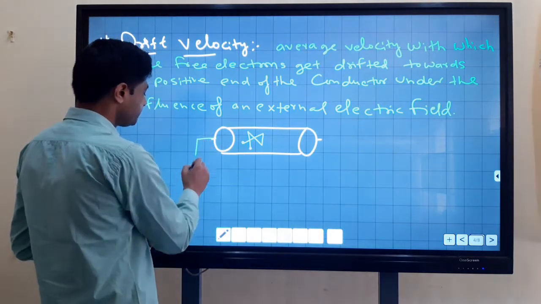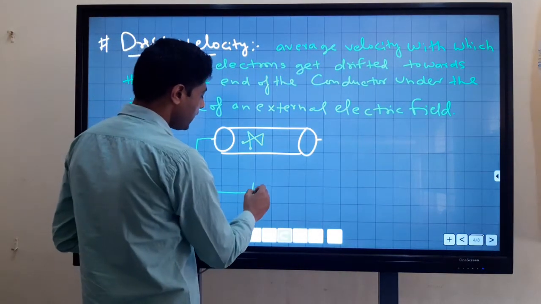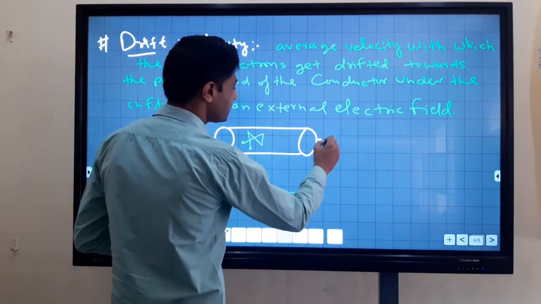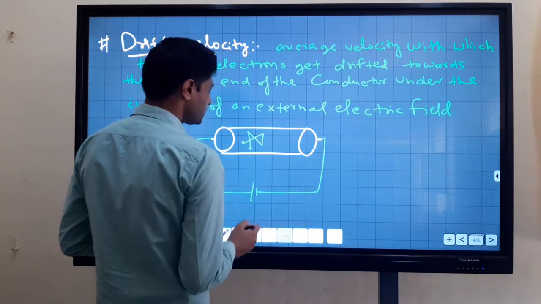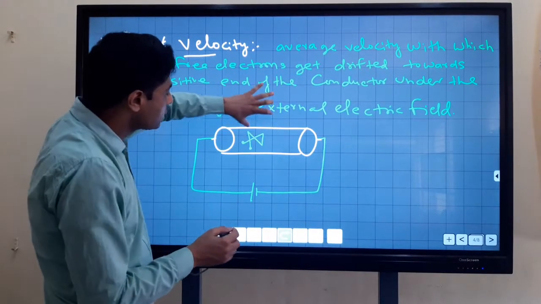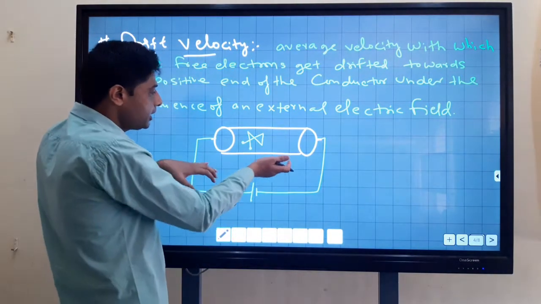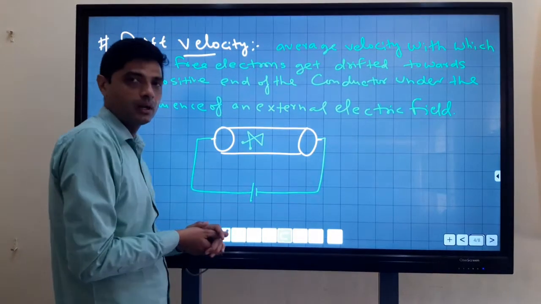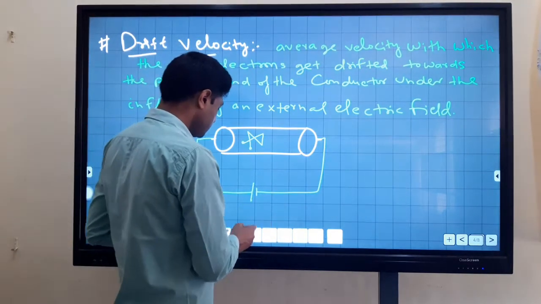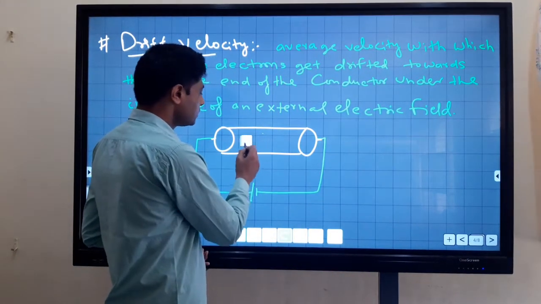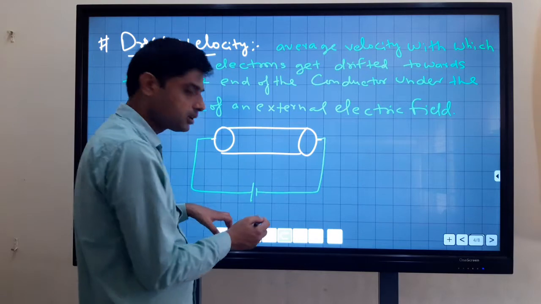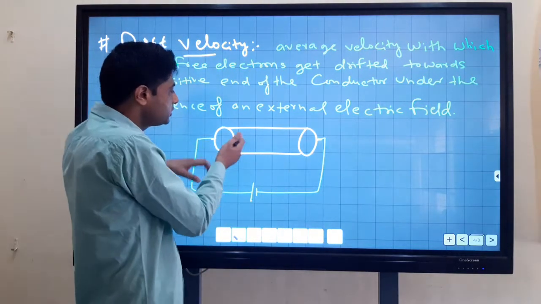But when a battery is applied across the ends of the wire, electrons get a particular direction, from the negative to the positive terminal, because electrons carry negative charge, so they always move towards the positive terminal.